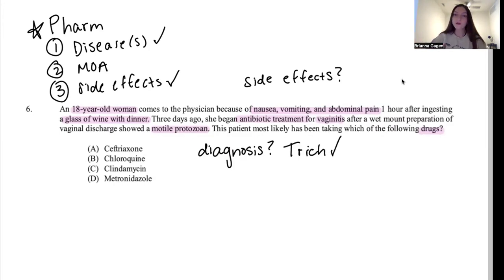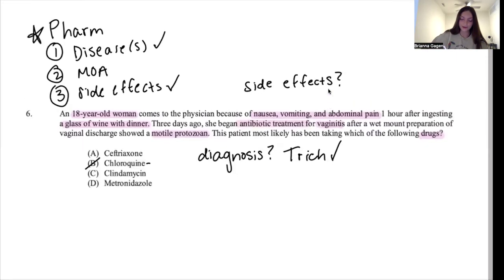And we can go the other route by looking at the side effects. So if you look at ceftriaxone, chloroquine, clindamycin, or metronidazole, we can look at these options of medications, and I can go ahead and already mark out chloroquine because I know that that's more likely to treat malaria, and I don't think that is what's going on with our patient here.